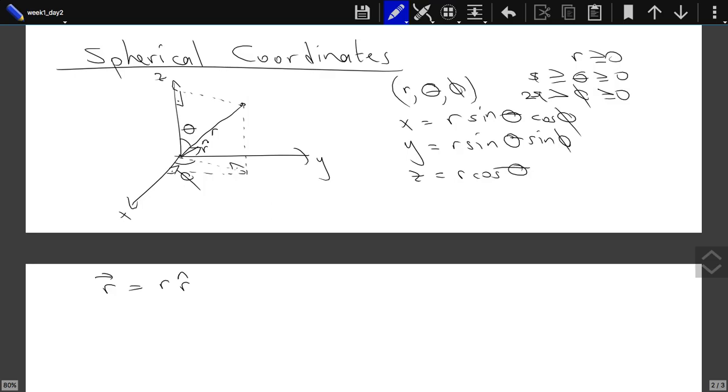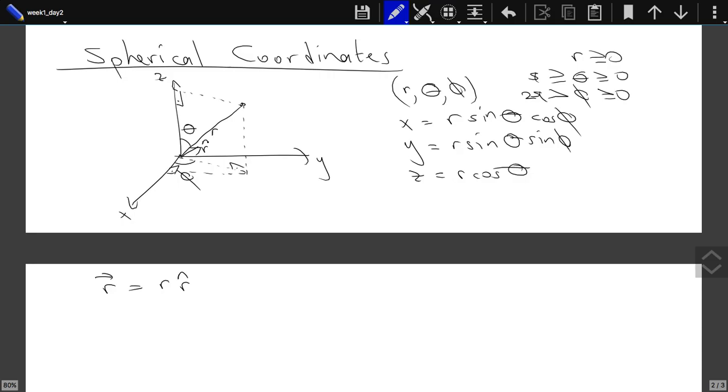And so at every point, we have to choose 3 coordinate axes. It can be x, y, and z. We can always choose it to be parallel to the x-axis, y-axis, and z-axis and call them x hat, y hat, z hat. That is one possible choice. Another choice is this spherical coordinates. For example, this r hat vector at this point, r hat vector is pointing in that direction.